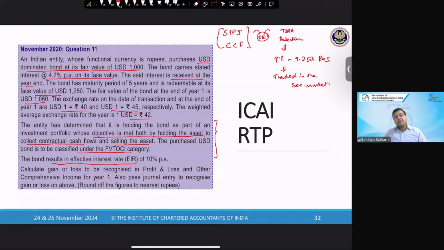Yes, sir. These instruments are traded in the market. But just because an instrument is traded in the market, you cannot say that I don't want to collect only contractual cash flows. I repeat, it depends on the intention of the entity. For example, today I will make an investment in Tata's debentures only because the rate of interest is very high.